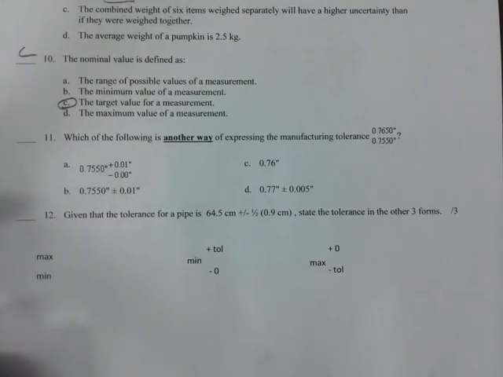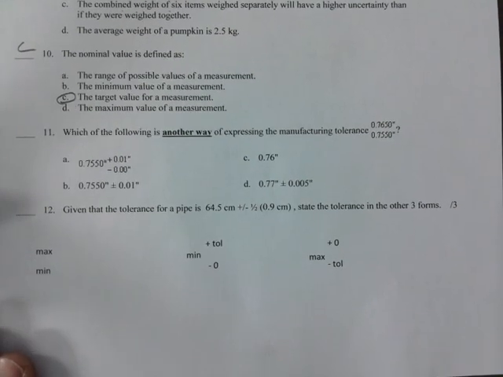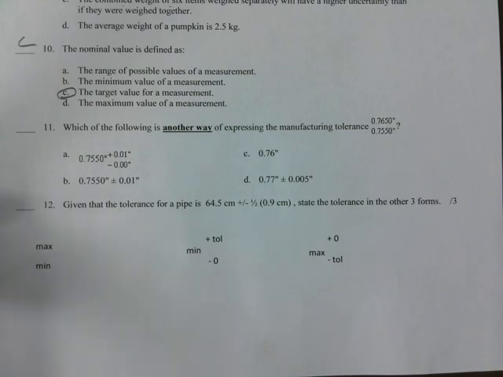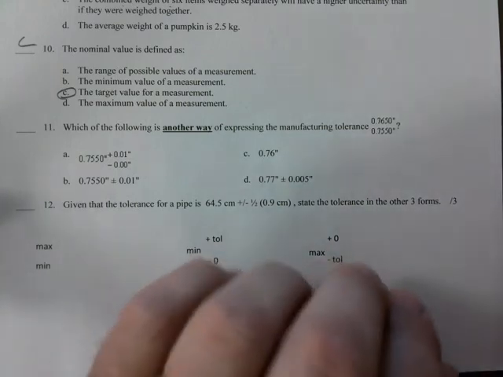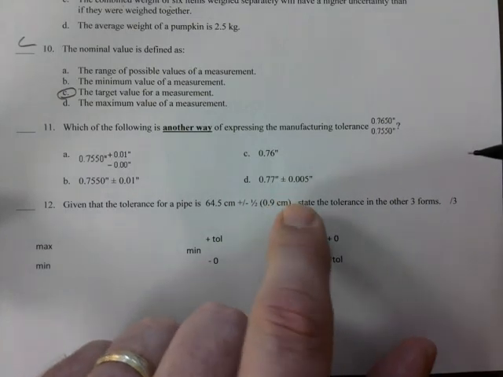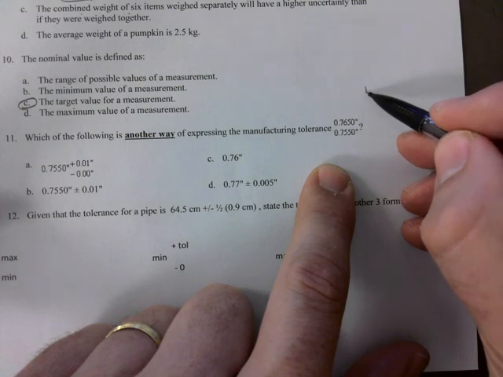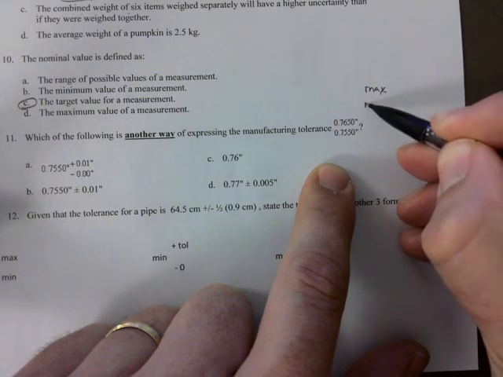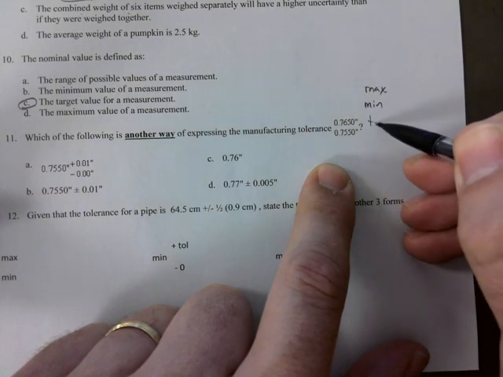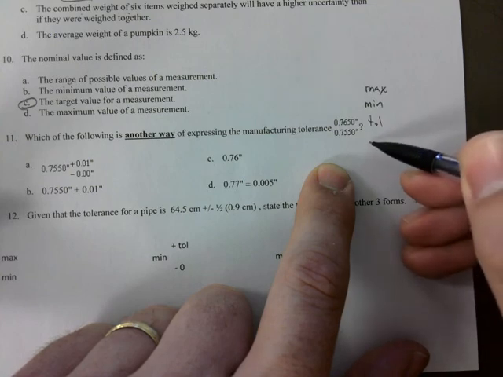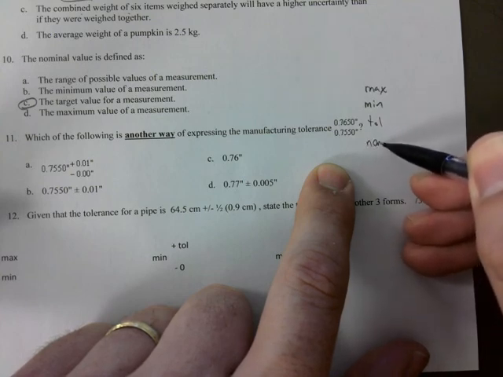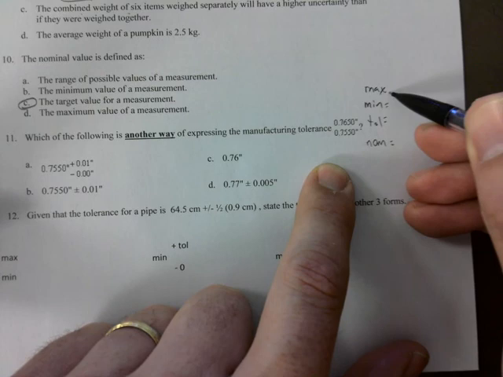Which of the following is another way of expressing the manufacturing tolerance? Here's where Friday, like I did touch on this on Thursday, but Friday is where this would have come in handy. Every single time, you should be able to get the max, min, tolerance, and nominal out of any.